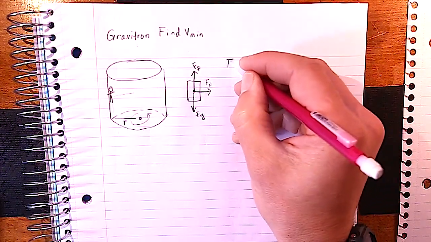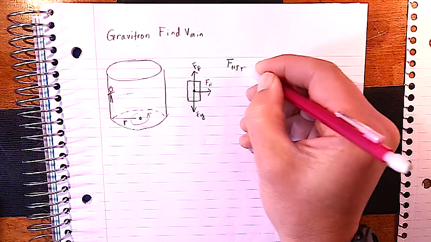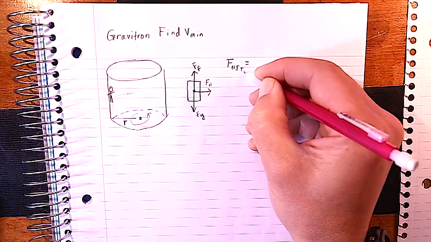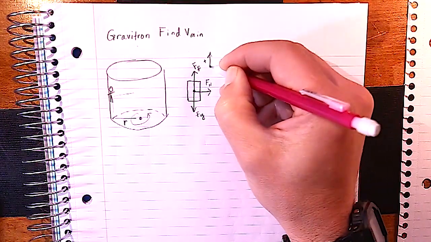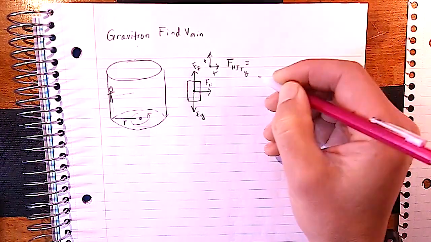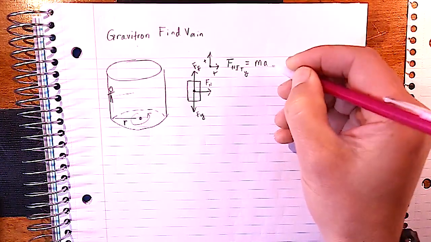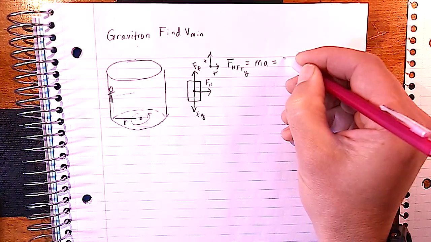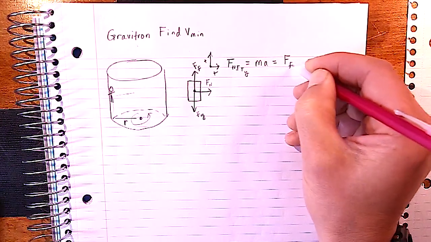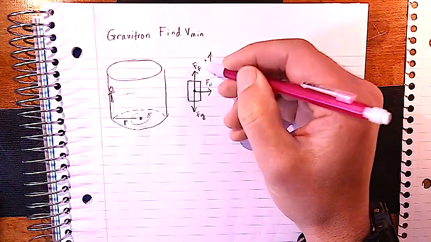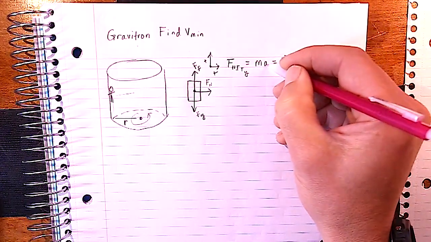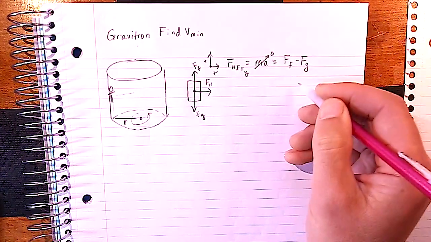So let's start out by writing a net force equation in the y direction. We're going to do like we did before. We're going to call up and to the right as positive. So we have F net equals ma equals Ff up minus Fg down, and there's no acceleration in the y plane, so a becomes 0.